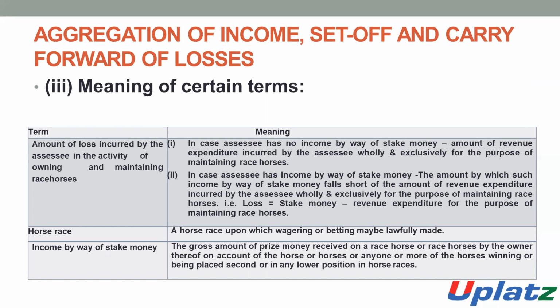Because there is no stake money, meaning no income, but there is expenditure, so there will be the loss.